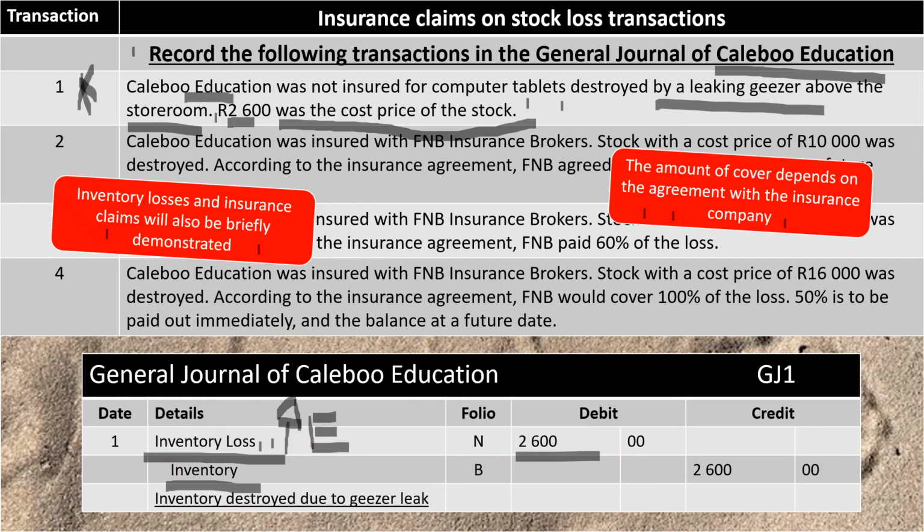So we debit inventory loss and we credit inventory 2,600. This is done at cost price. And there's the narration, the little story that goes in the General Journal to tell you more about the transaction: inventory destroyed due to geyser leak. So in scenario number one, there was no insurance.